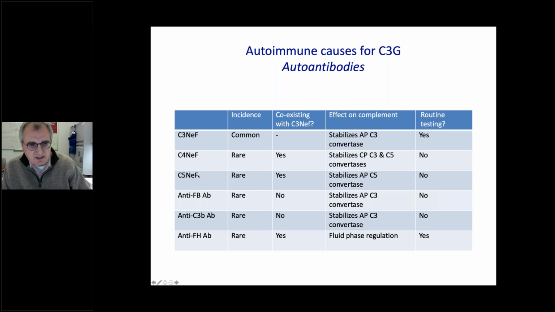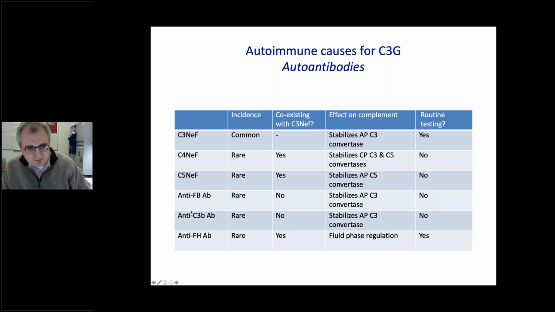If both are present, then the C3 convertase overactivity is the lead finding. A factor B antibody was found in dense deposit disease patients, also stabilizing the convertase complex, which contains a protein factor B.